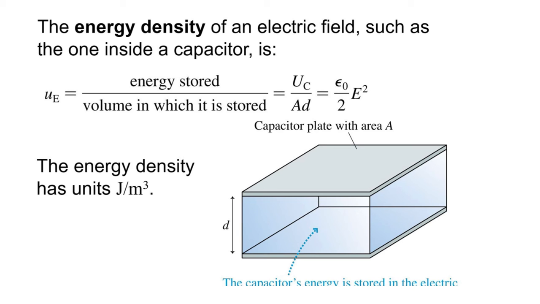And so when we plug all these things in, we get 1/2 epsilon naught E squared. Remember, for the parallel plate capacitor, the voltage is going to be the electric field times the distance.